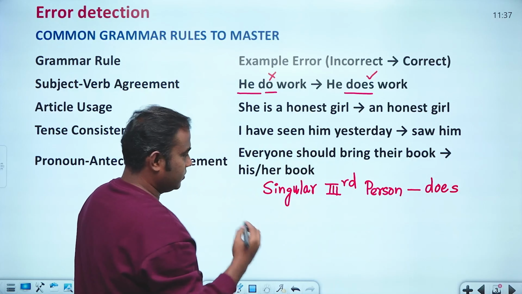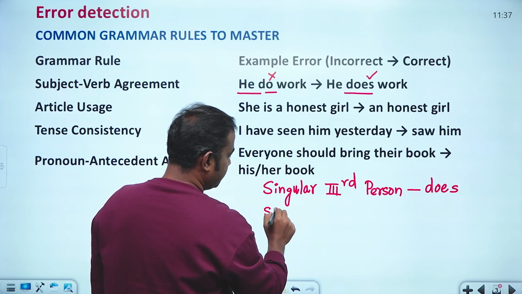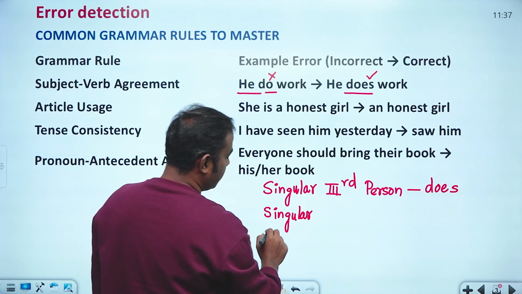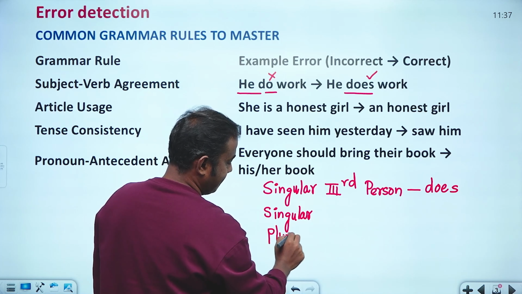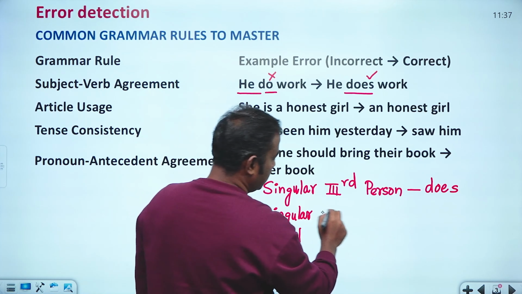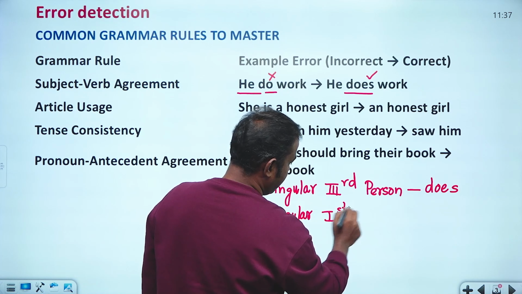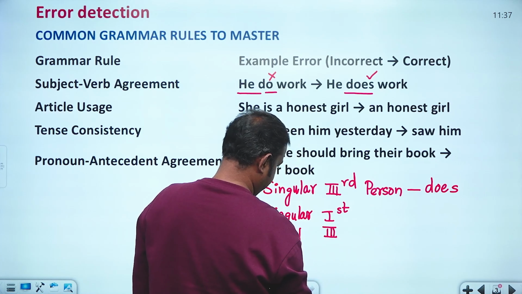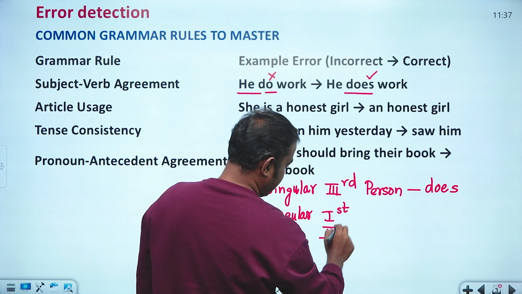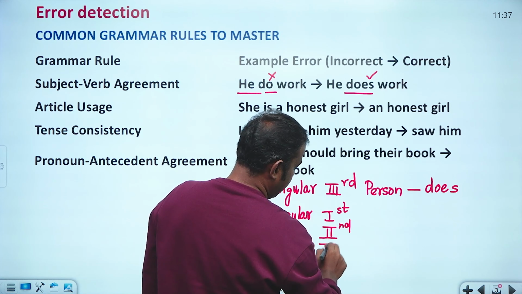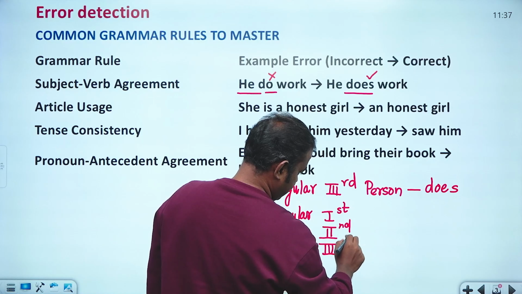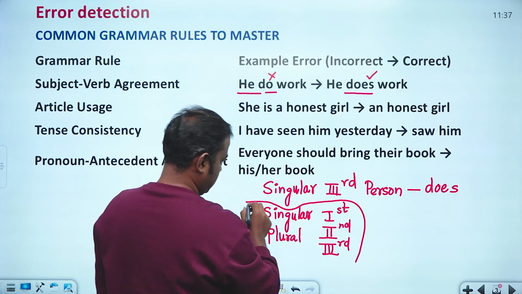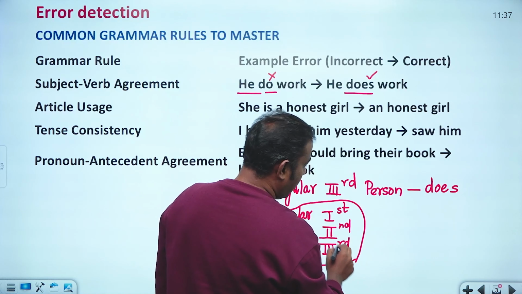For the rest of the things, like for singular or for plural, for first person, second person and third person, the verb is do.